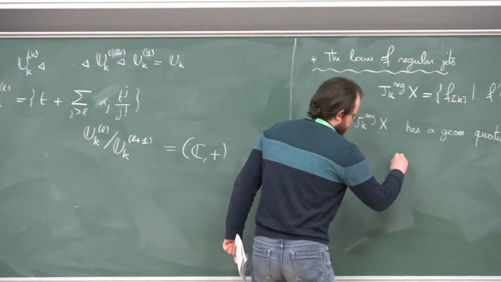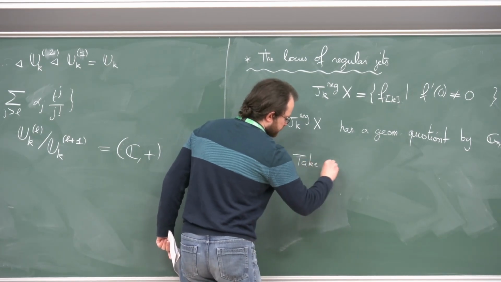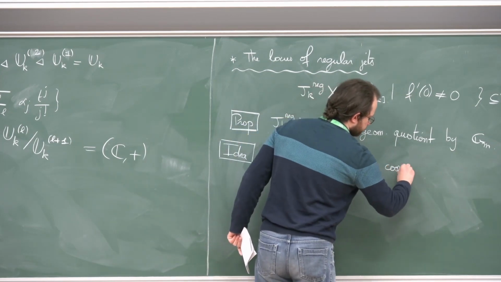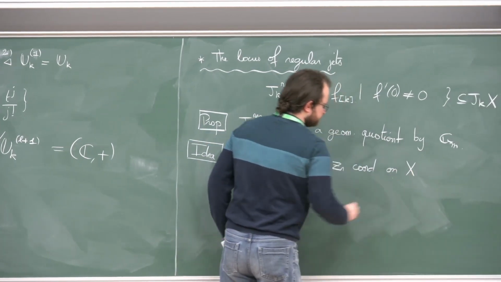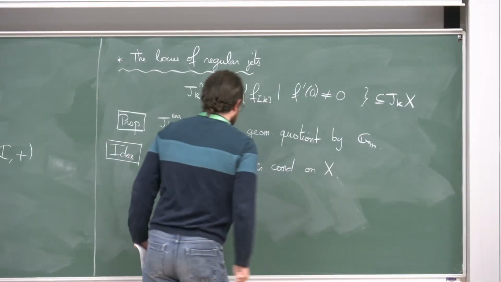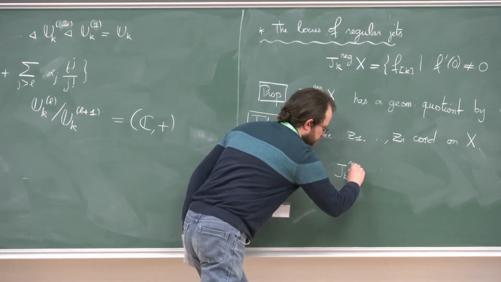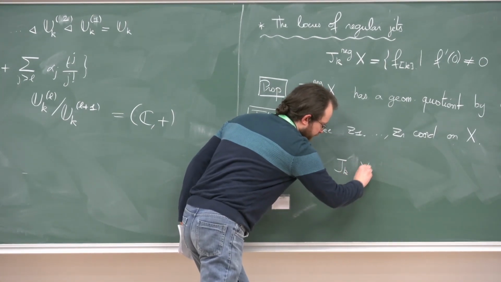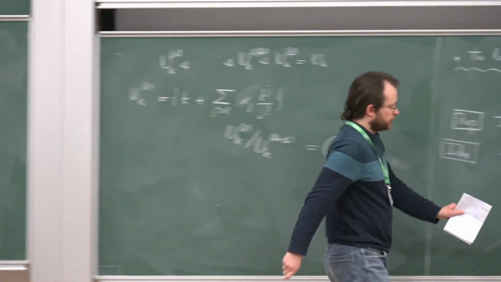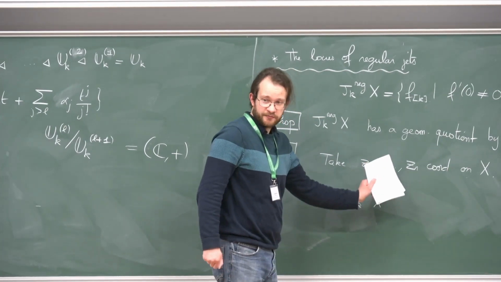So the idea is as follows. I will do that in local coordinates: take z_1, ..., z_n coordinates on X. Then you can write J_k X, so it's a bundle over X, and vertically it has the coordinates z_i derived p times.